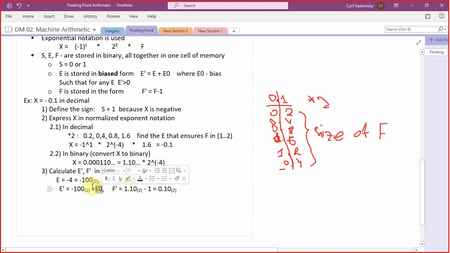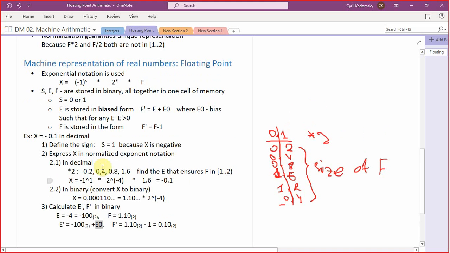As we said, it is chosen so that any value for exponent with this bias will be positive. So, of course, it must be greater than 4, but which exactly we don't know. It depends on which exponents are possible in our representation. So it must be greater than the maximal possible negative exponent.